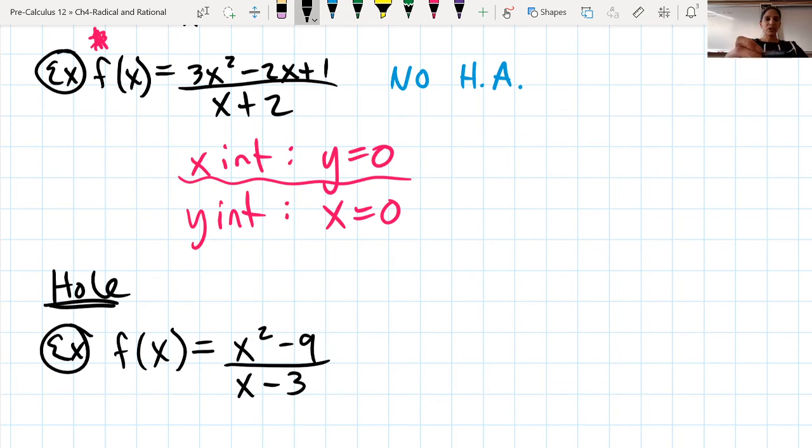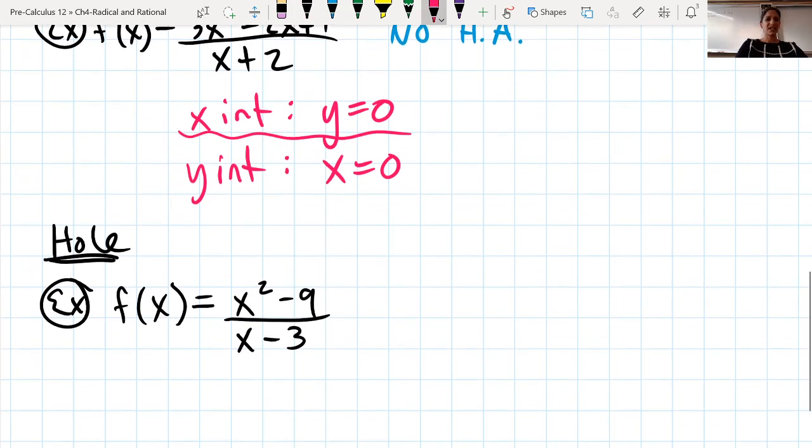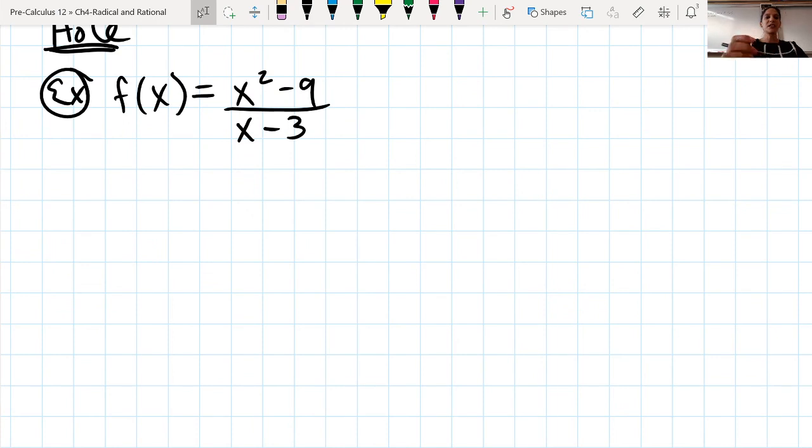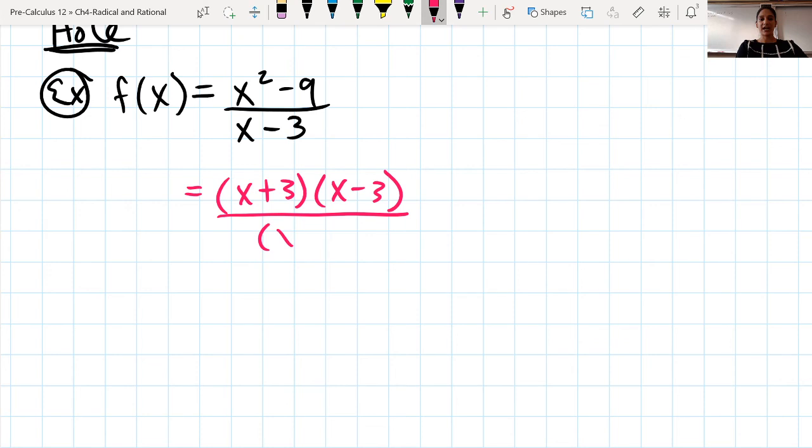If we were looking at the horizontal asymptote, vertical asymptote, or any of that stuff, the first thing we always want to do is start by factoring. At the top, I know that's a difference of squares, so it's x plus 3 and x minus 3. And we had an x minus 3 at the bottom already.